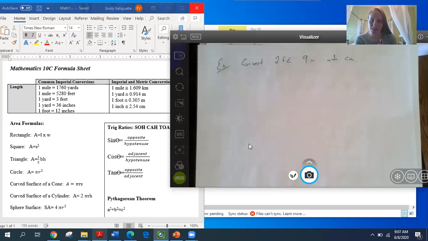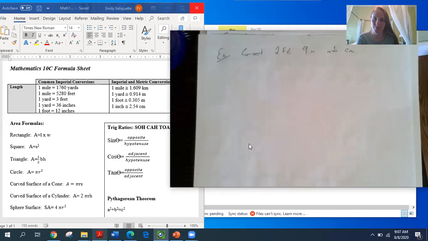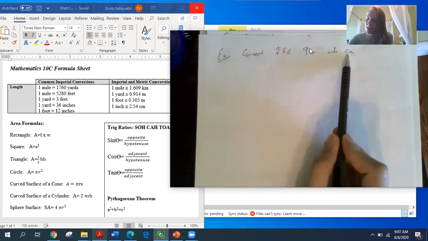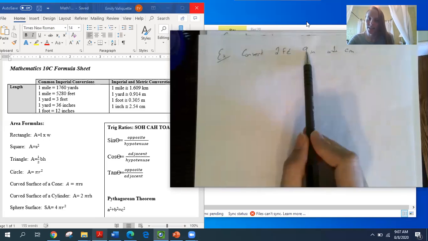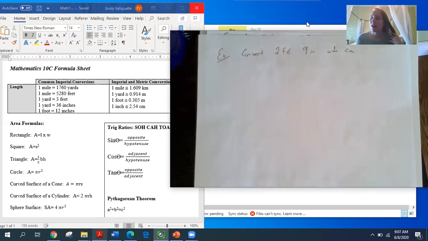Now, this is important because these are really common types of questions, but there are multiple different ways of doing this. So I could convert 2 feet into centimeters, convert the 9 inches into centimeters, and then just add those amounts together.